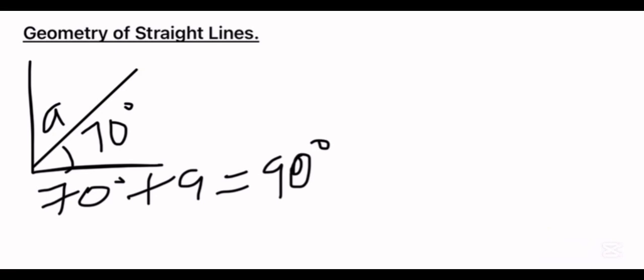Our reason being that they are complementary angles. Now, when we subtract 70 from both sides, we'll have A is equal to 90 degrees minus 70 degrees, which is 20 degrees. So our A is equal to 20 degrees.